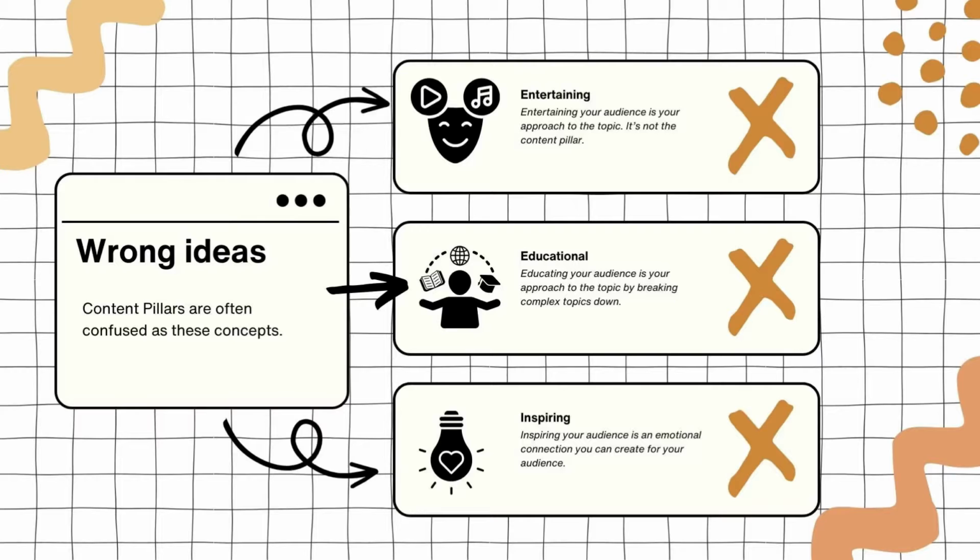Some of the mistakes that people often make when identifying their content pillars is that they think the content pillars are educate, entertain. You probably have heard these. Yes, these are aspects of your content pillars, but you're talking about the content topics, right? So you can always make something educational, something informative, something humorous, entertaining, right?